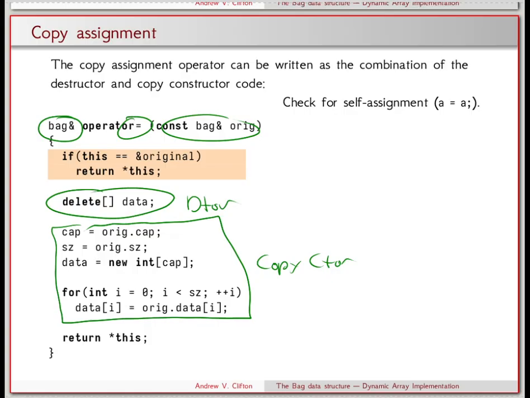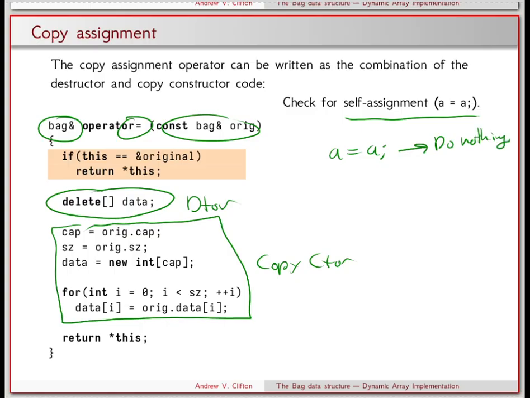This first little bit that's highlighted up here at the top is a check for self-assignment. So if you do something like A equals A, which I don't know why you would do that, but it's not invalid, it's not illegal. That shouldn't do anything, right? That should do nothing if you copy a thing into itself.